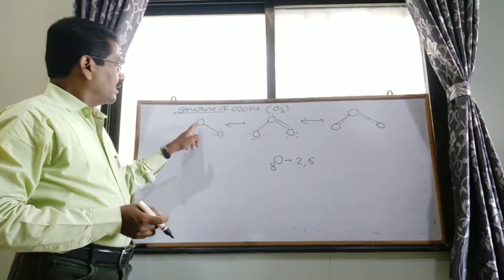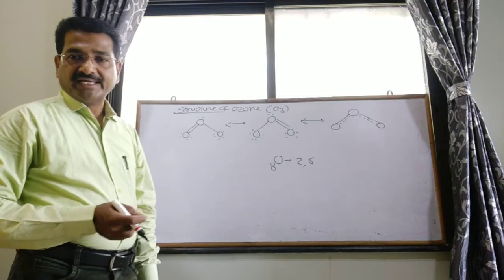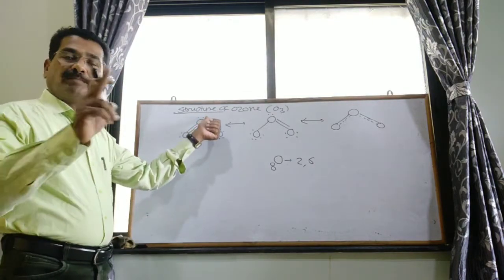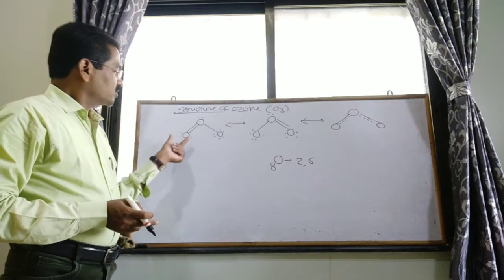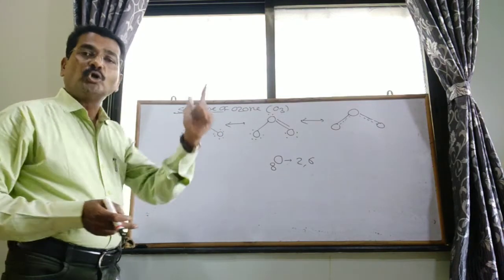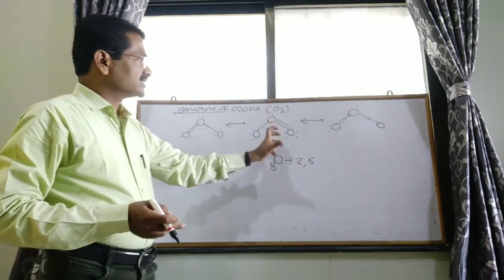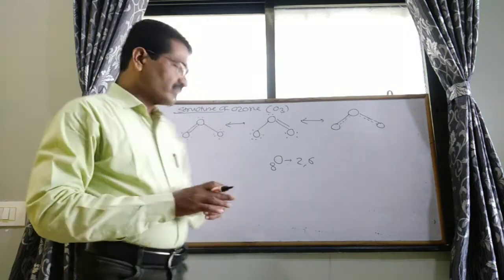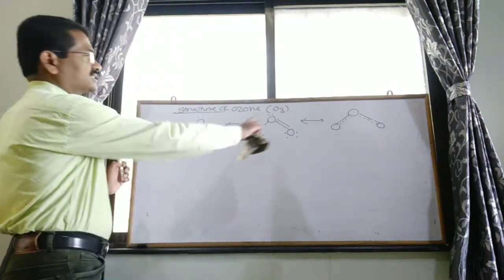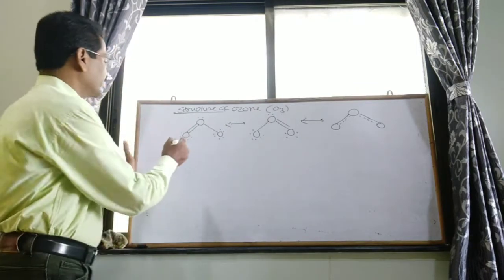Out of that, 3 electrons form bonding and the remaining 1 lone pair is on it. This oxygen uses 2 electrons to form bonding and the remainder are 2 lone pairs. Likewise, the lone pairs are obtained on the oxygen atoms. So this is the structure of ozone.